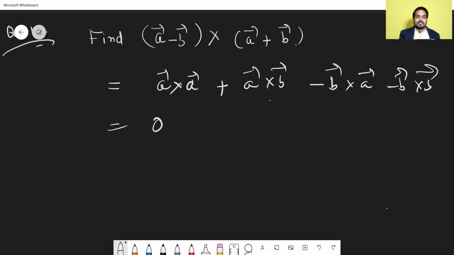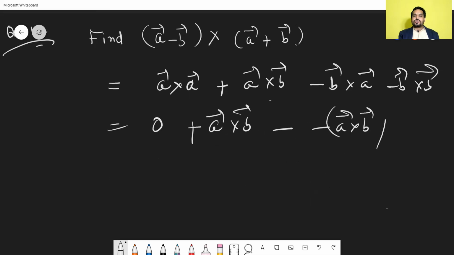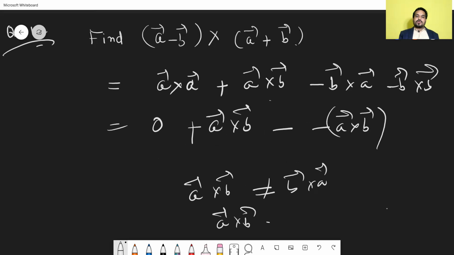So this is the 0 vector plus a × b and minus of b × a, because cross products are not commutative. a × b is not equal to b × a, but you can write a × b equal to minus of b × a.